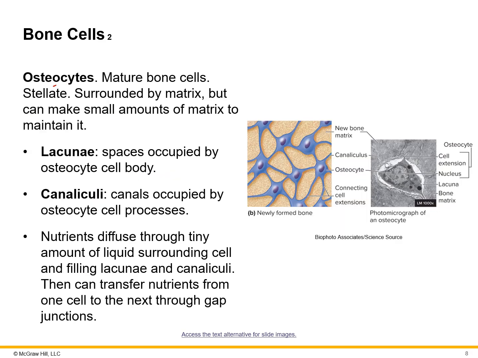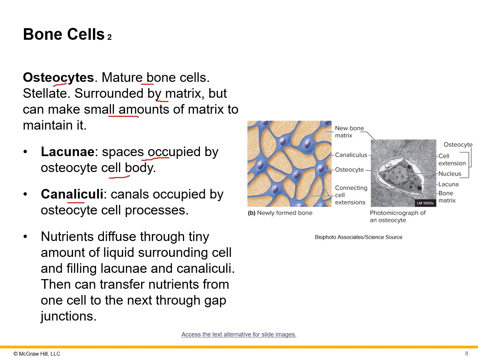Now, osteocytes. We have osteoblasts that are making the bone, and we also have osteocytes, which are the mature bone cells. They're also surrounded by a matrix, but they can make small amounts of matrix to maintain it. Again, we have those lacunae, which are the spaces occupied by the cell body of the osteocyte.